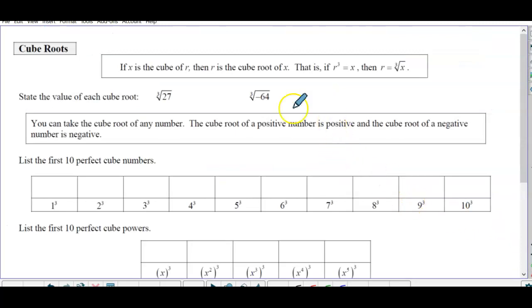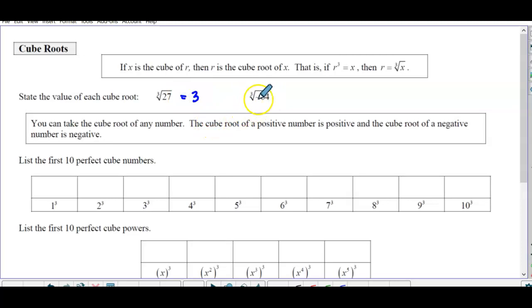Okay, so next part here. Let's look at cube root. So if x is the cube of r, then r is the cube root of x. So again, starting with the basic, if this is your equation, then r is the cube root of x. What's nice about cube roots is you can take the cube root of a positive and a negative. So the cube root of 27, think about what cubed gives you 27? 3 does.